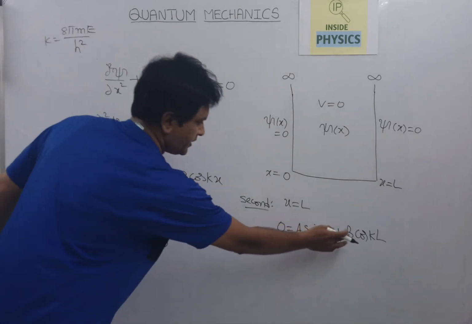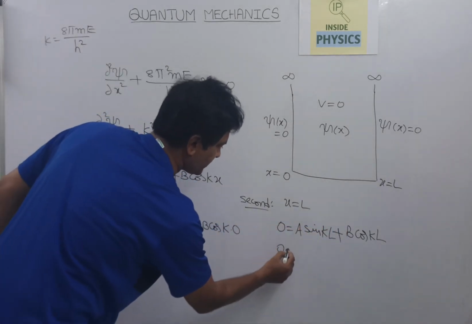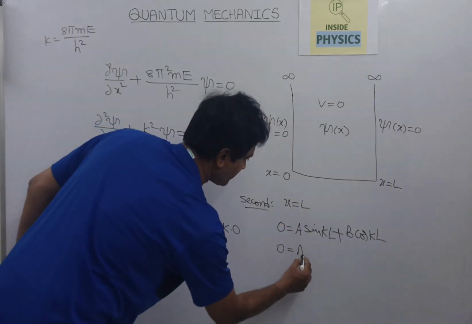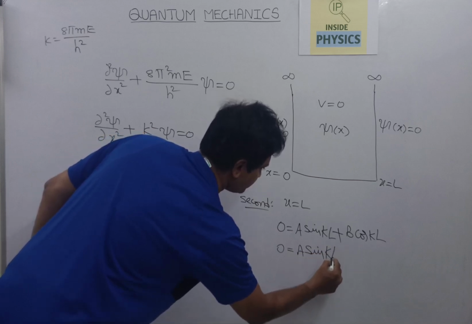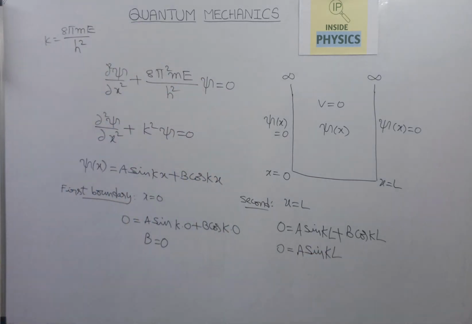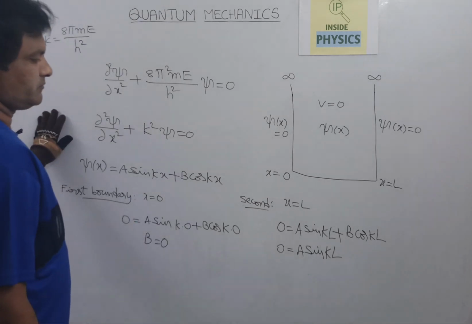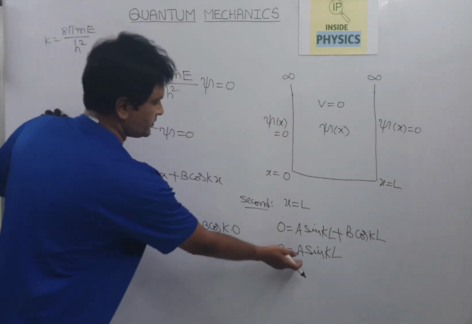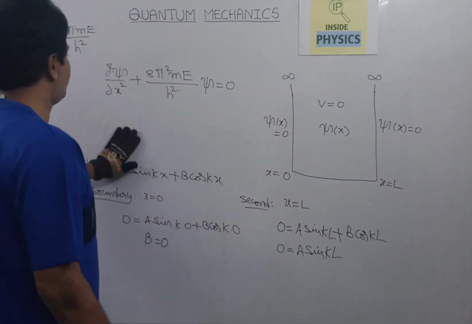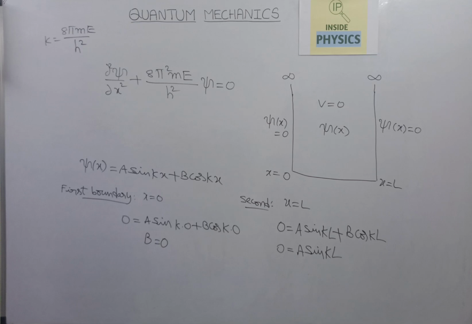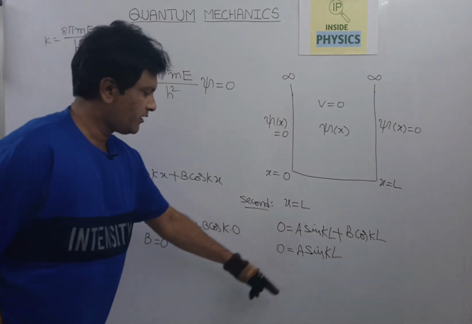Here if you put B is equal to 0, this equation will come as A sin KL, 0 is equal to A sin KL. A cannot be 0, right? If you observe this one, A cannot be 0. Why? Because A is a complex number and A is not equal to 0.